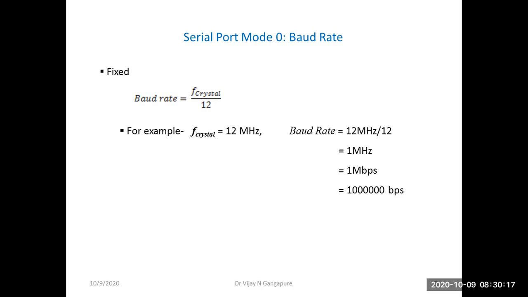Mode 2 and mode 3 are 9-bit UART with fixed baud rate and variable baud rate. Right now we don't need 9 bits of data to serially transmit or receive. So we are going to study programming mode 1, that is 8-bit UART with variable baud rate, where we can also set the baud rate.